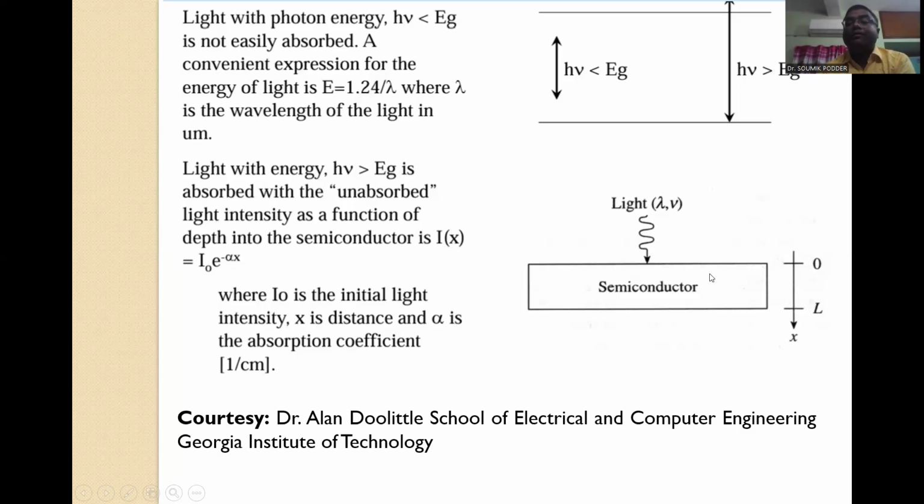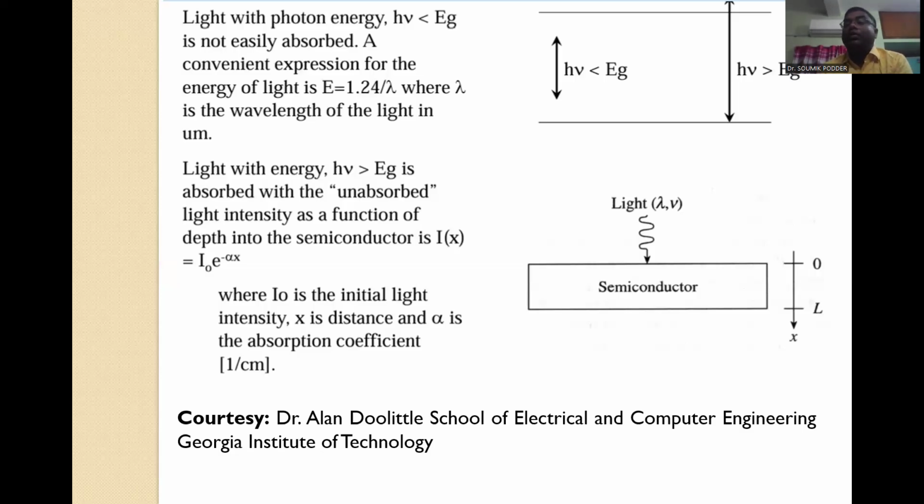But the length of the semiconductor is L, so when this light penetrates inside the semiconductor, the intensity will automatically decay. This variation of photon intensity is expressed by I(x), a function of x. x is the length of the semiconductor, whose lower limit is 0 and upper limit is L. So I0 e^(-alpha x), where alpha is called the absorption coefficient.